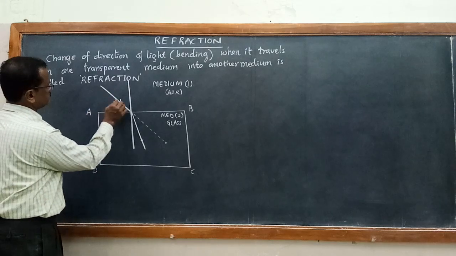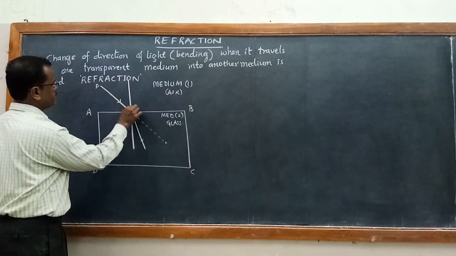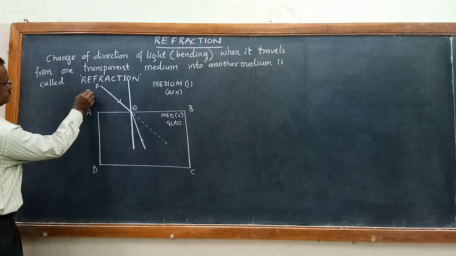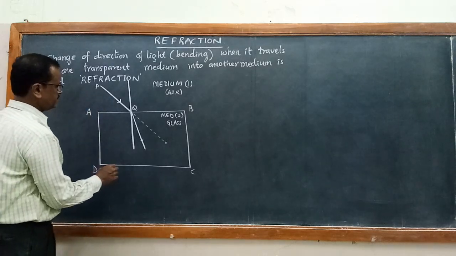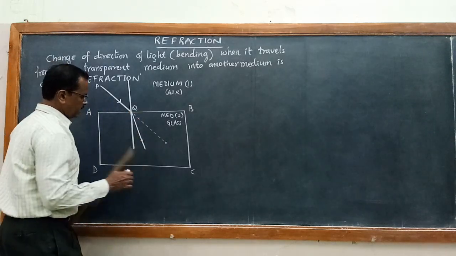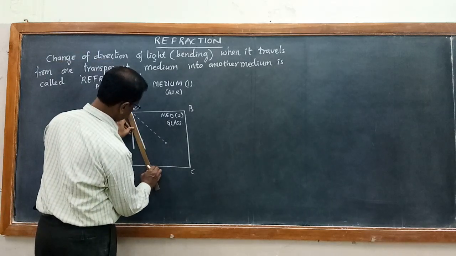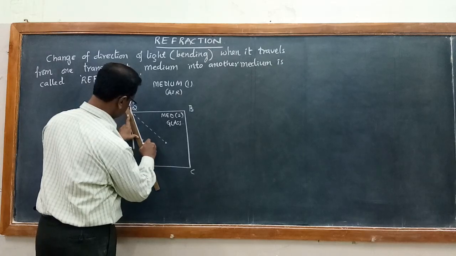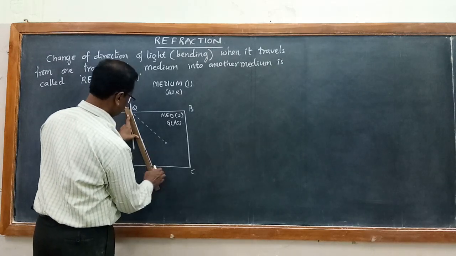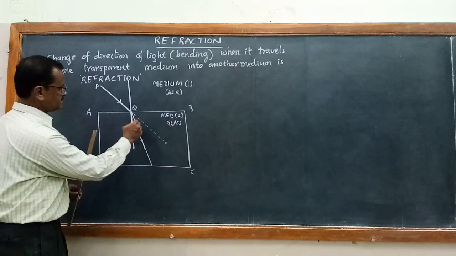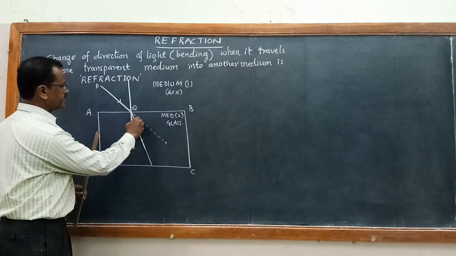Now let me call this one PQ. PQ is the incident ray, and QR, I will extend this. QR is the ray inside the glass slab, so we call QR the refracted ray.